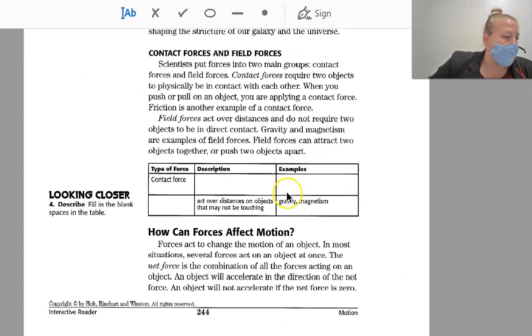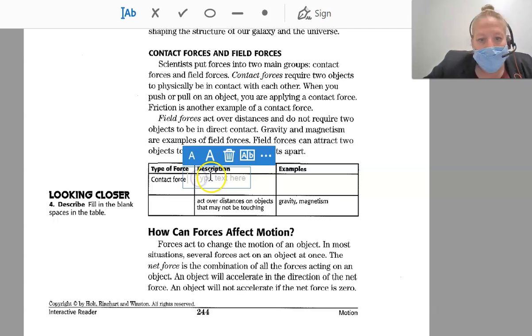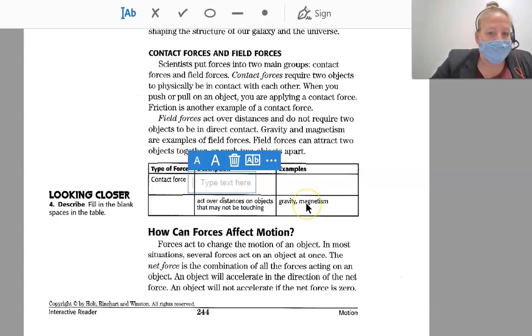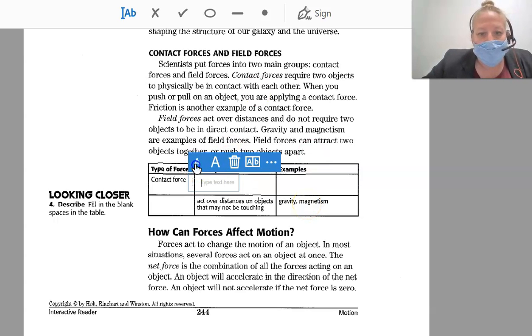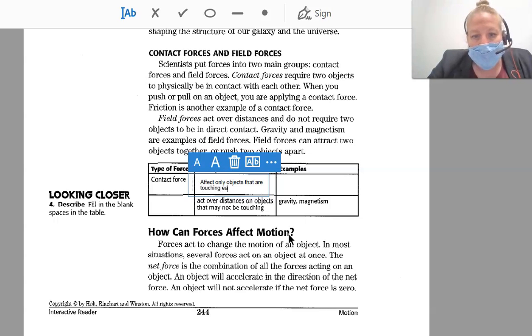So, contact forces affect only objects that are touching each other.